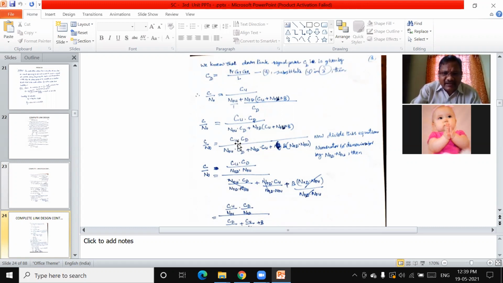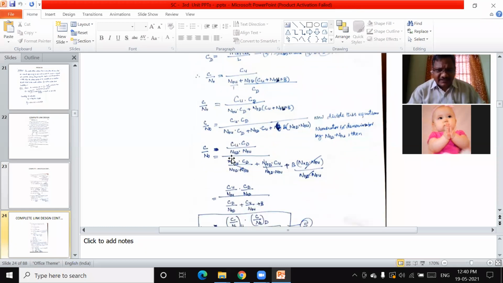CU CD by NOD into NOU by NOU CD by NOD into NOU plus NOD CU by NOD into NOU plus B. B will be present because the same thing gets cancelled here. B is going to be left here. Therefore, when you divide numerator and denominator, B is removed by placing the denominator of this numerator, and for this term also the denominator is this term.